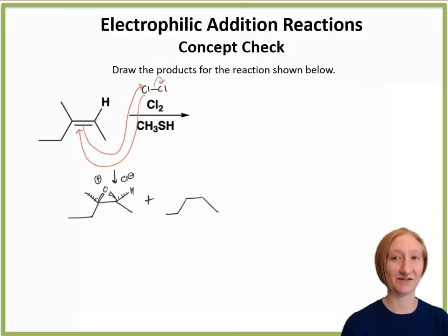Either face of the alkene can attack the chlorine, so there are two stereoisomers of this intermediate that can form.